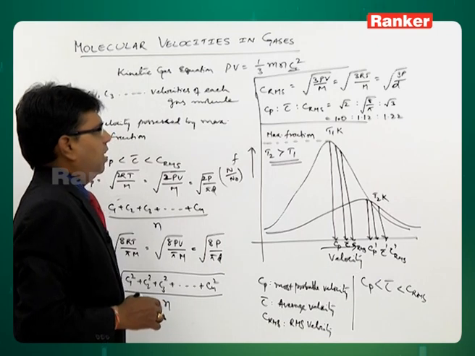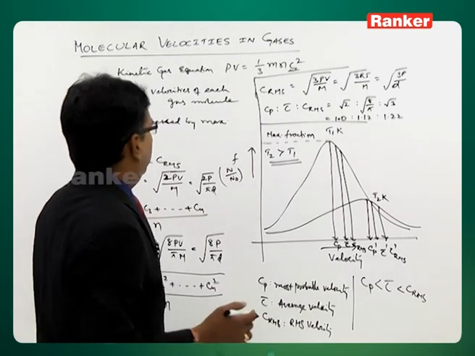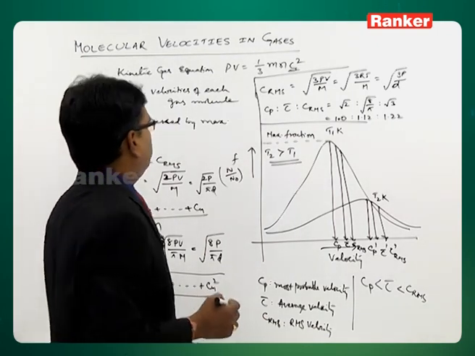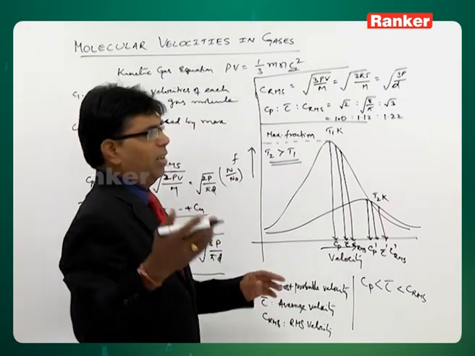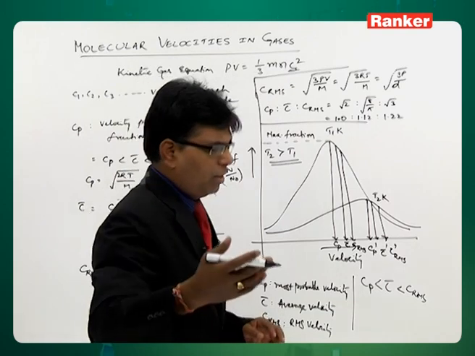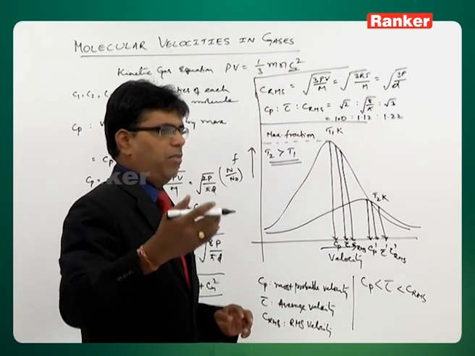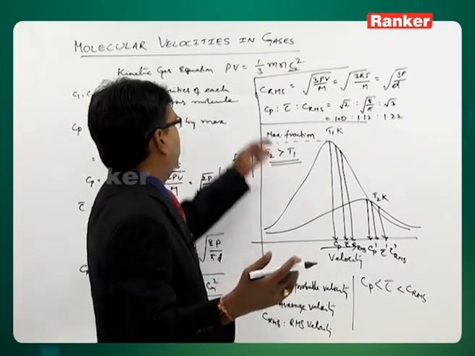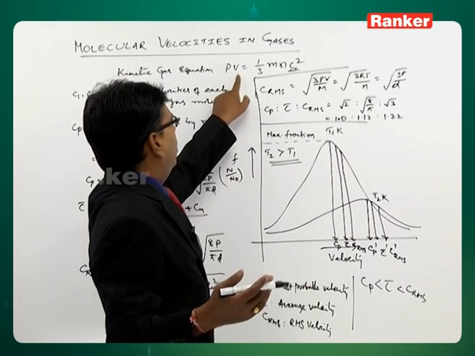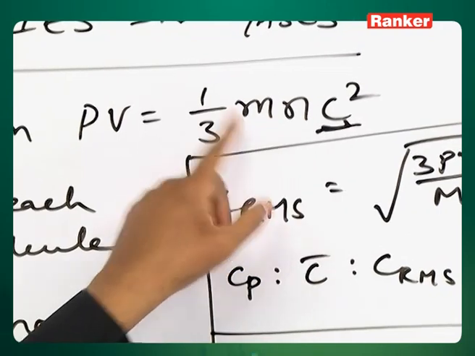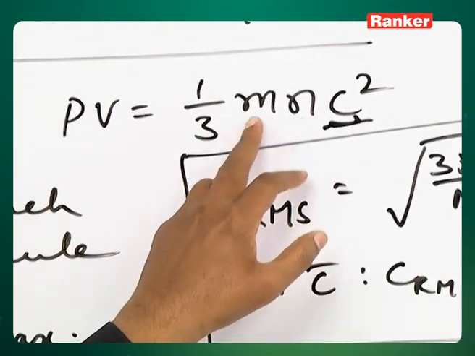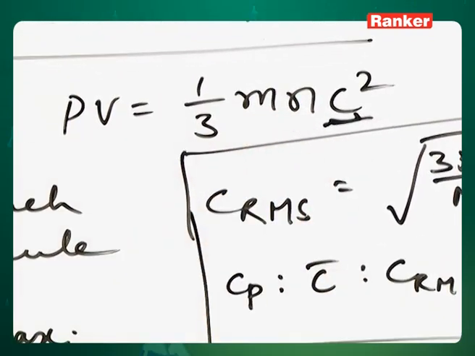Now, from this, Graham's law wise, PV is equal to 1 by 3 mnC square. Rate of diffusion is nothing but the velocity with which the gas molecule is moving. So, at constant temperature, PV being constant, C square will be inversely proportional to molecular weight.